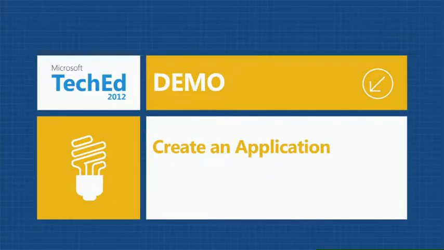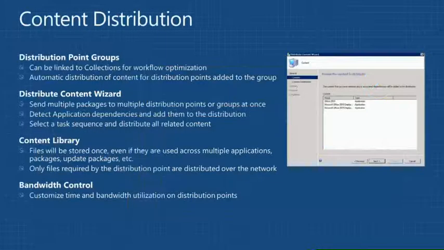How do you deploy the app? You have created the app. Now the next part is deployment of the app. So content distribution is important here. We want to distribute content using distribution points. We have made a lot of improvements in it. You can now link distribution points to collections and automatically distribute the content to the relative groups, relative distribution points.